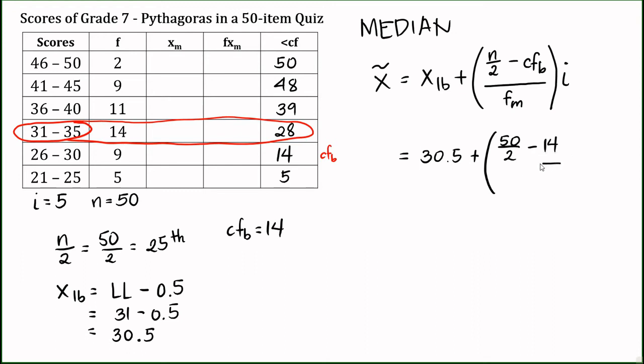And then over f sub m. So, ano naman po yung f sub m? That is the frequency of the median class. So, dito kayo titingin sa column ng frequency. So, ano po yung frequency ng mismong median class? We have here 14 also.